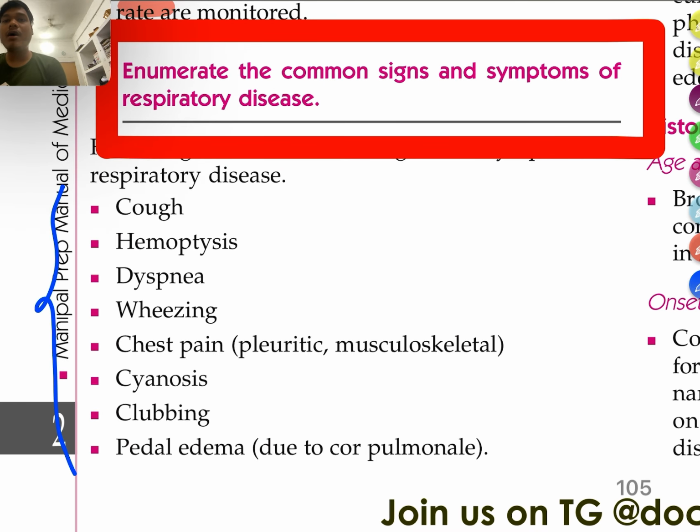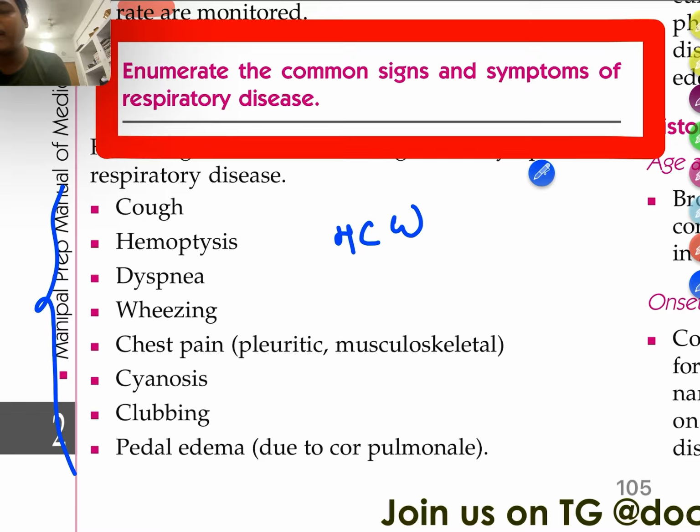Okay, so how will you remember this? Healthcare worker have pedal edema.